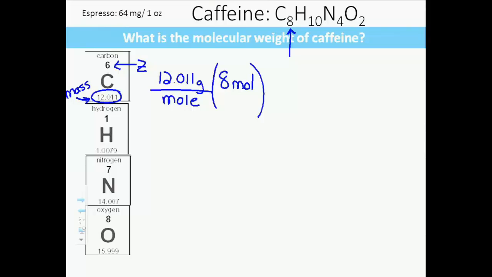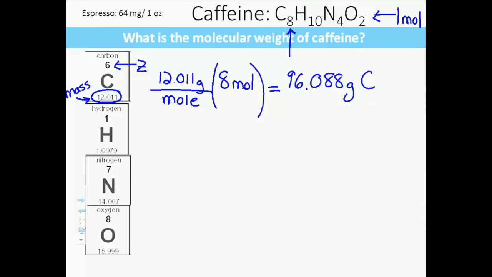I'm using MOL as an abbreviation, short for mole. If we go 12.011 times 8 moles, we pull out our calculator, we type that in, 12.011 times 8. That gives us a total of 96.088 grams of carbon.